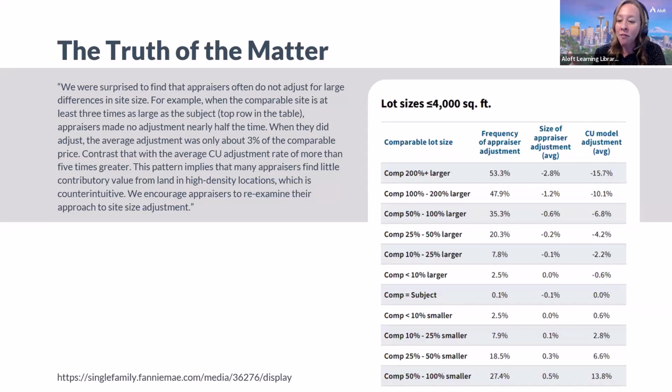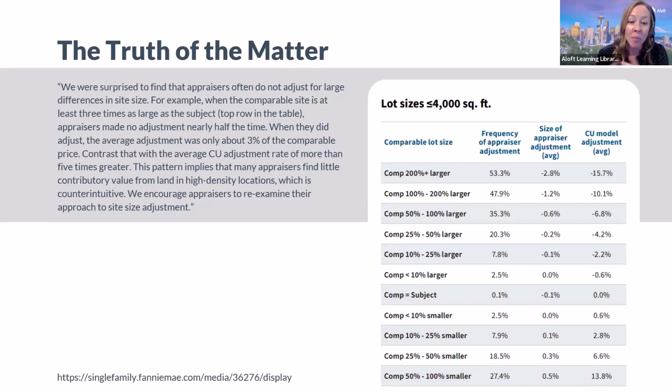People pay a lot for that added space. Now they can have a little flower garden, all that kind of stuff. And so what their data is saying is the average adjustment by the appraiser was about 3% of the comparable price. But the contrast was when they ran the average CU adjustment rate, it was more than 5 times greater.